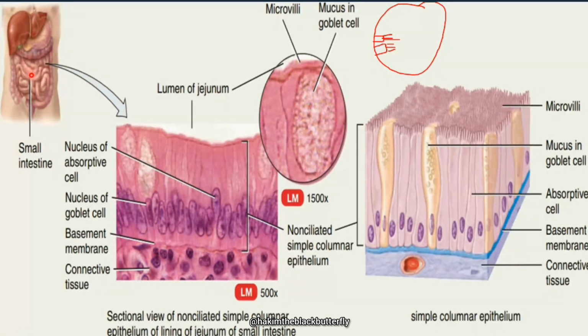That coating will be important so that there can be some bit of lubrication as food particles go along the layer of the small intestines. But also remember, we have acidic contents from the stomach. We don't want them to injure our inner lining of the small intestines because it can lead to ulcerations in the small intestines.